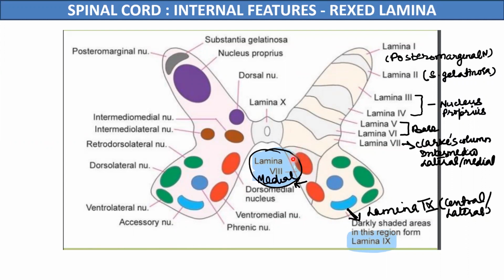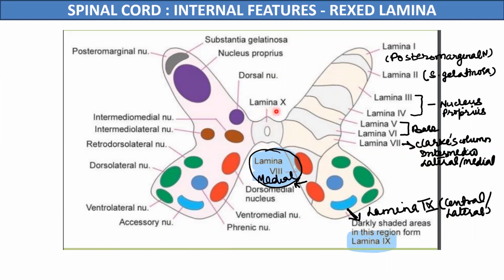Here we can see lamina 8, which is for the medial group of neurons which will innervate the muscles of the neck and back, while lamina 9 corresponds to the lateral group of neurons which will innervate the muscles of the limbs. And lamina 10 in the Rexed classification corresponds to the group of neurons which are present around the central canal of the spinal cord.